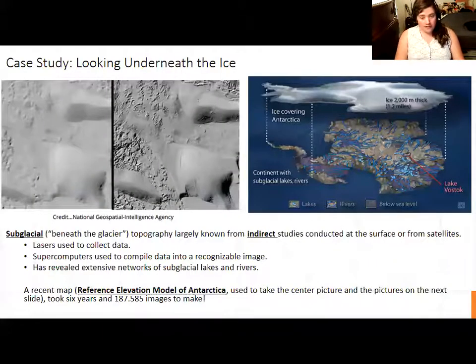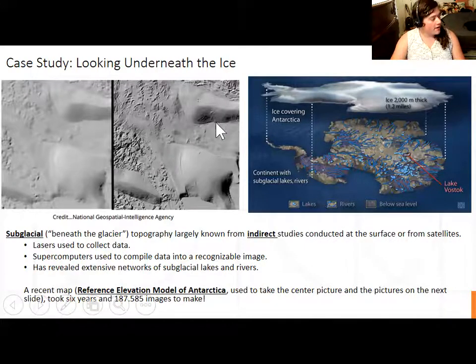If we look underneath the ice, we have to do it with satellites. Actually, the references have gotten better. This is a comparison between a newer satellite map of the subglacial parts of Antarctica versus an older one. And the resolution has gotten better because we have more advanced satellites that can take measurements over a longer period of time.